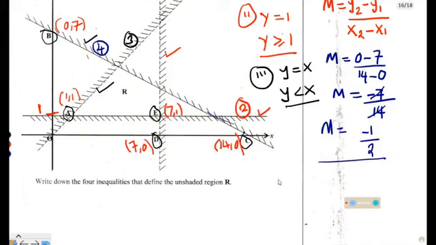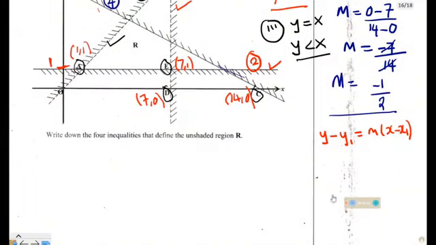So after finding the gradient, we can now find the equation of the straight line. To do that, we can use this formula, y minus y1 equal to m open bracket x minus x1, like this. There are those who are used with the other formula, finding first the constant value using the y-intercept formula. With this formula, we need the coordinates for y1 and x1. So we are solving for this line 4 that we labeled.